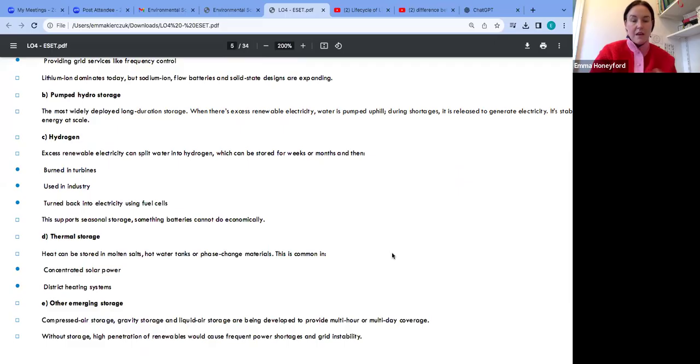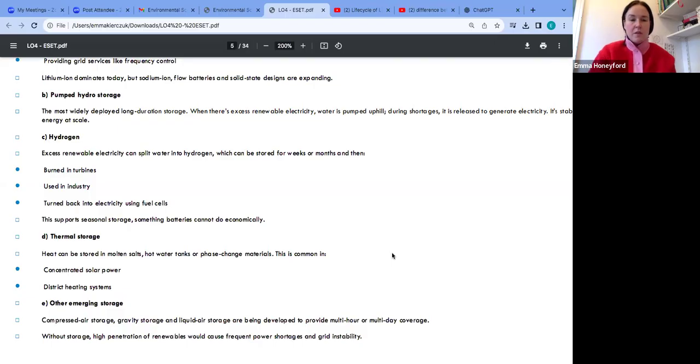So again, you see here the influence of the market on this. That's another consideration when we look towards the type of batteries and storage that we use. What does the market look like? Are the supply chains scaled up? Are they ready to deal with that type of battery?